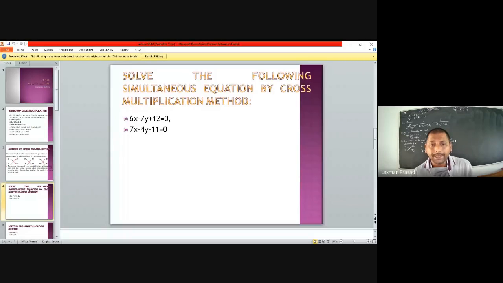Okay, so write down 6x minus 7y plus 12 equals to 0, then 7x minus 4y minus 11 equals to 0.